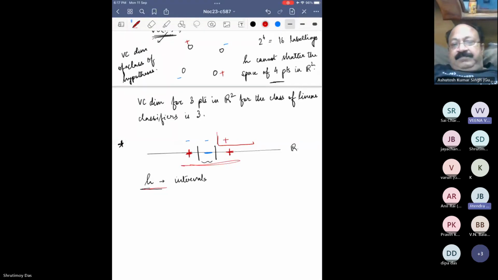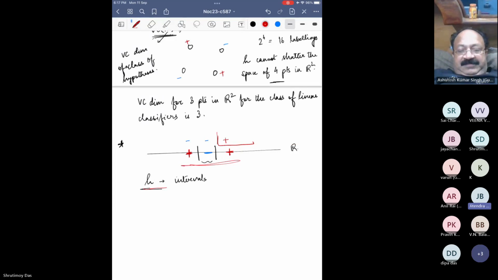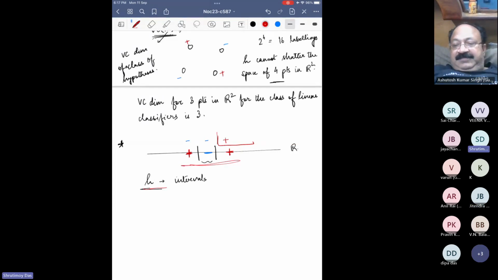Sir, for this interval, am I audible now? Yes, you're audible. I'm not getting where the 3 is coming from. There are 2 cases where we cannot separate linearly, but where is the 3 coming from? When we talk about 3, we are looking at all possible configurations of these 3 points.